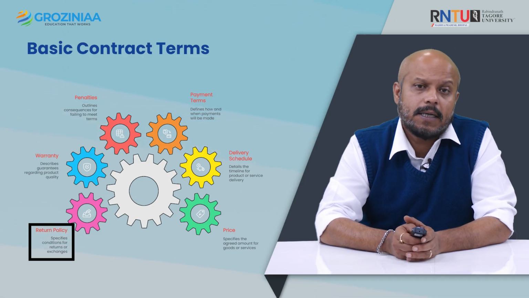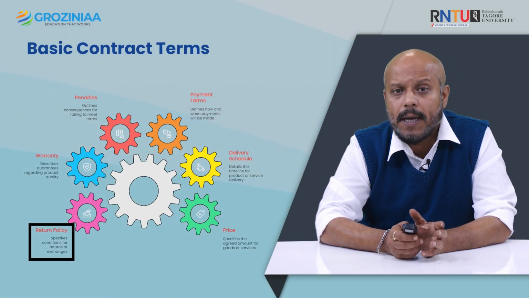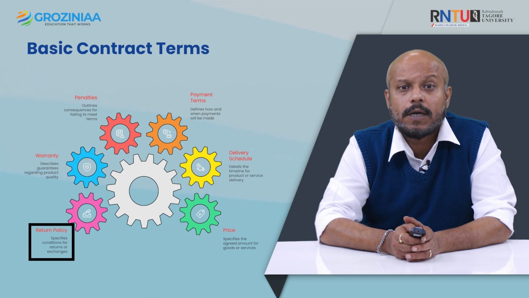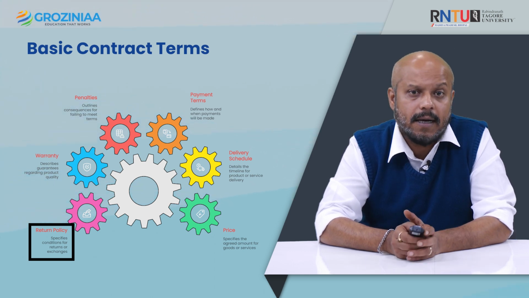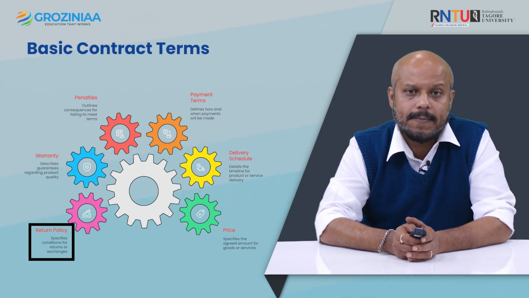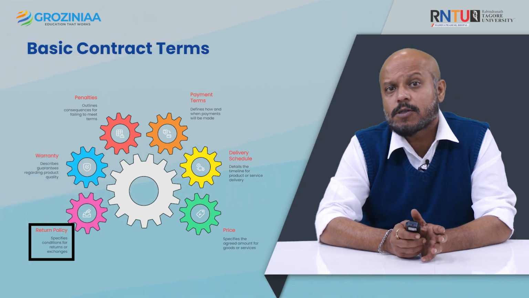These normally come under return policy. When you talk about big capital equipment, there is normally no return policy. This is totally covered by the warranty policy. So these are the basics of contract terms.